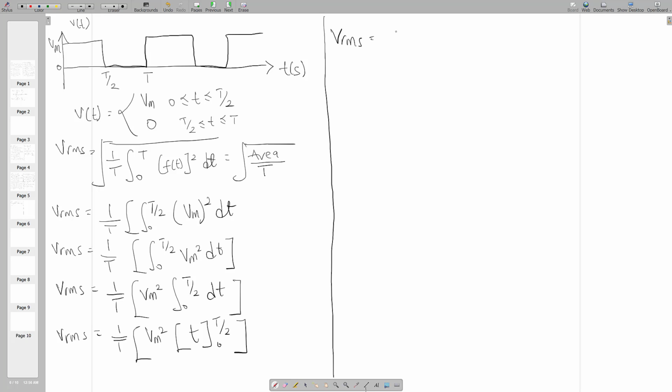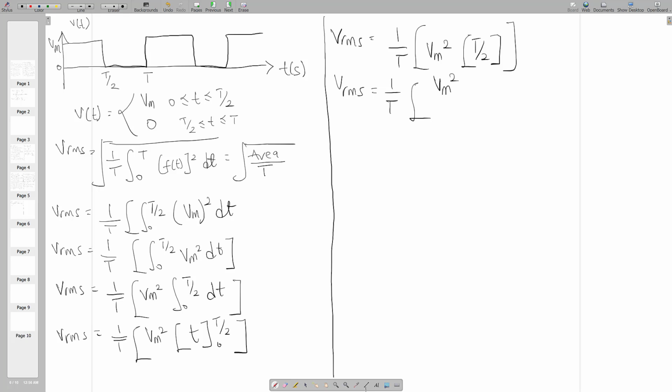So V_RMS will be equal to 1 on T. We have Vm squared over here. Putting in the limit, you have T on 2 like this. So it means that Vm squared is multiplying this. So let me write it here so that we can see it clearly.